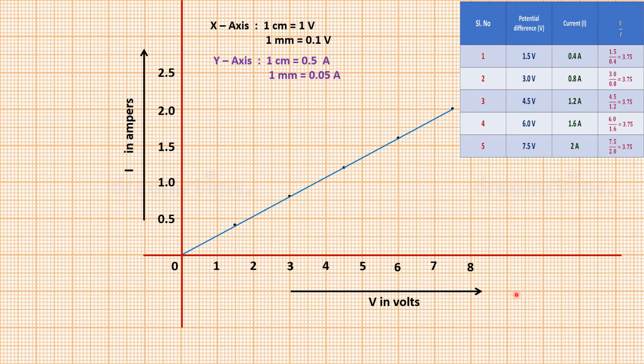So this is in the case of materials which obey Ohm's law, the VI graph is linear. And we have seen in the earlier one, the VI graph for LED is non-linear, that is, we got a curved graph.